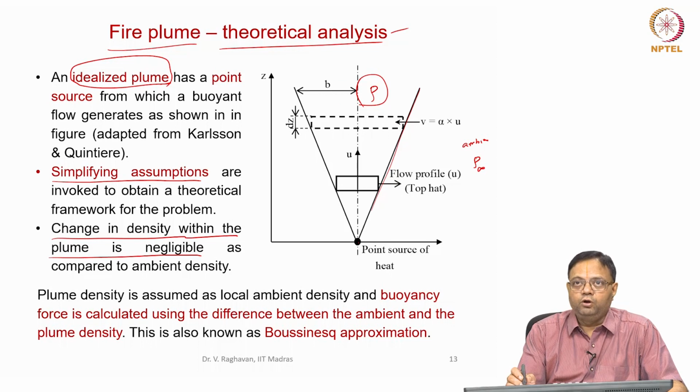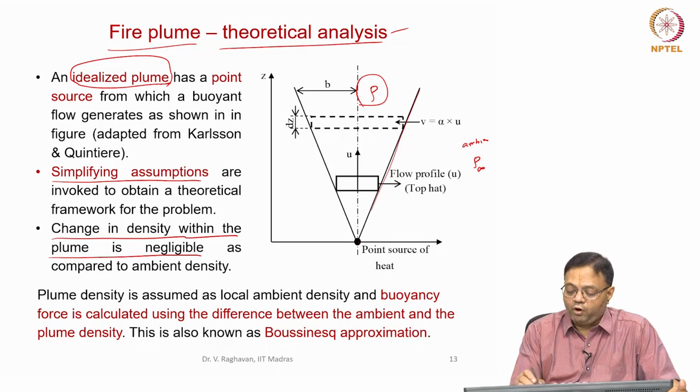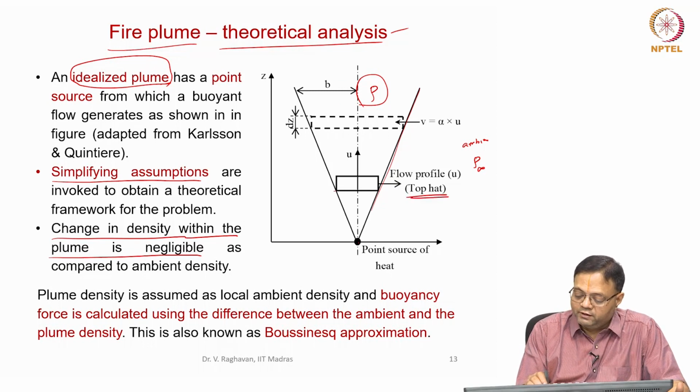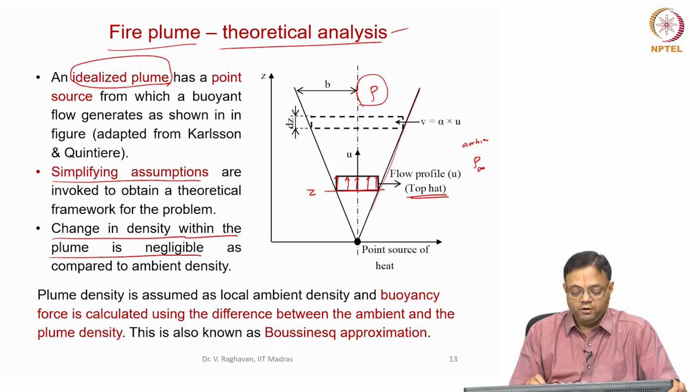If you draw the temperature profile, for that we are now taking a velocity profile which is like a top hat profile. So at this station, this is the z value, if you want to draw the velocity, it will look like this, a constant velocity profile. So, a top hat profile.